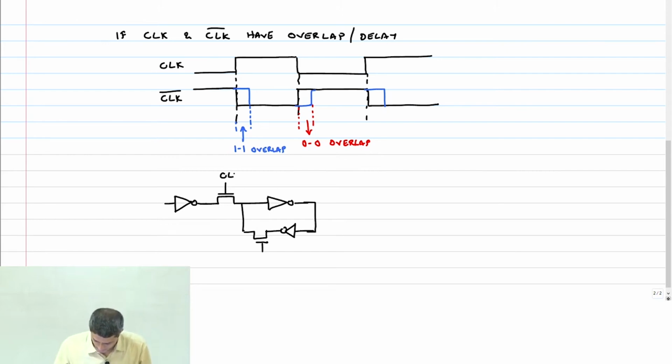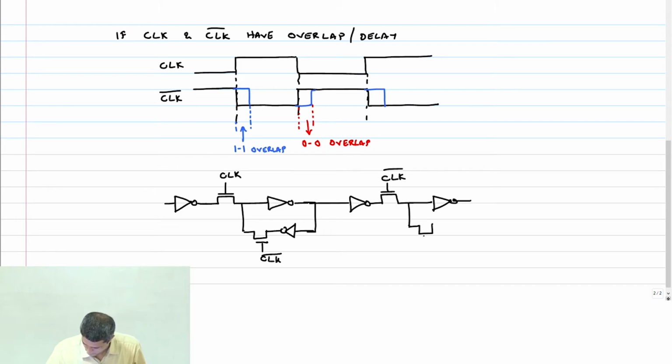This is clock bar, clock bar, so this is QM, Q. And what is this?